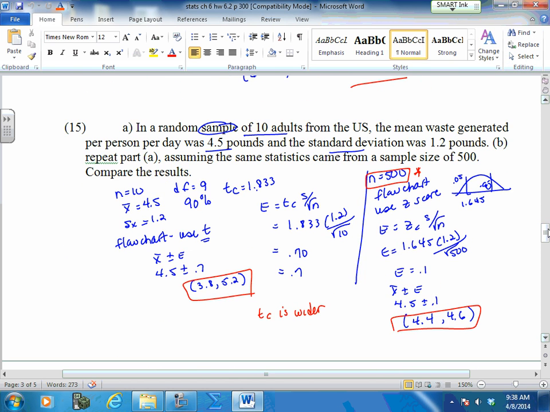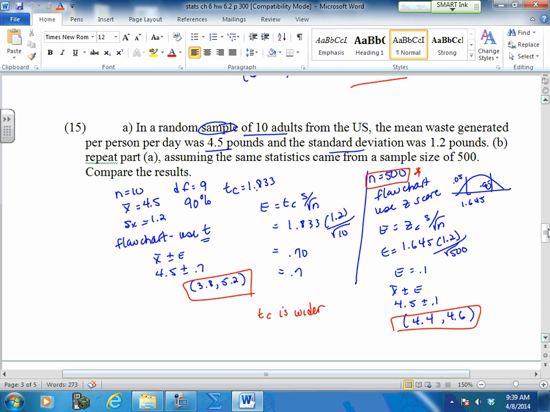In 15, we have a random sample of 10 and a standard deviation. You did it with your TC, and then they said, assuming that it came from a sample size of 500, not 10. So 500 is greater than or equal to 30, use a Z. A Z for a 90% confidence interval gave us this information.